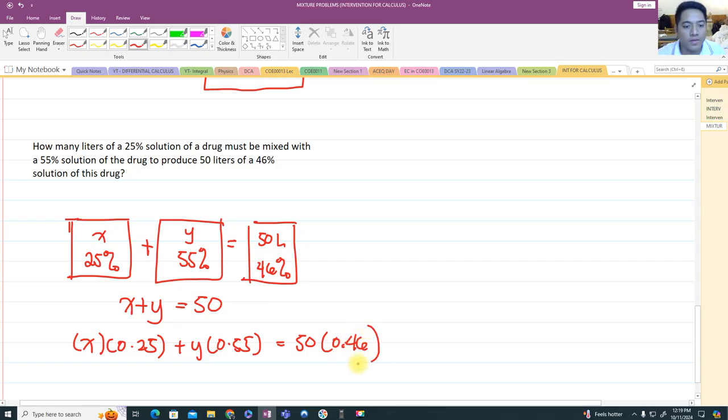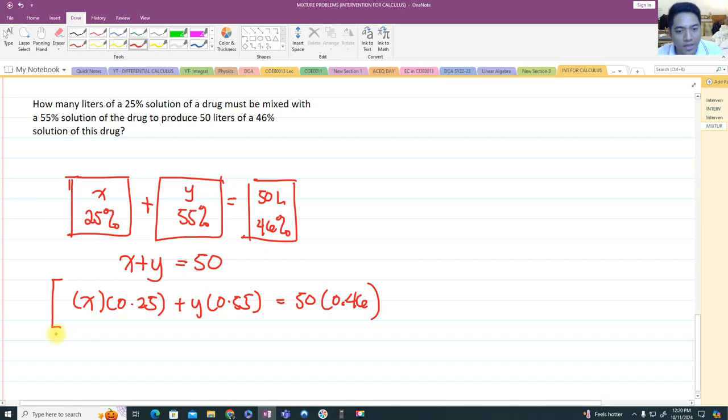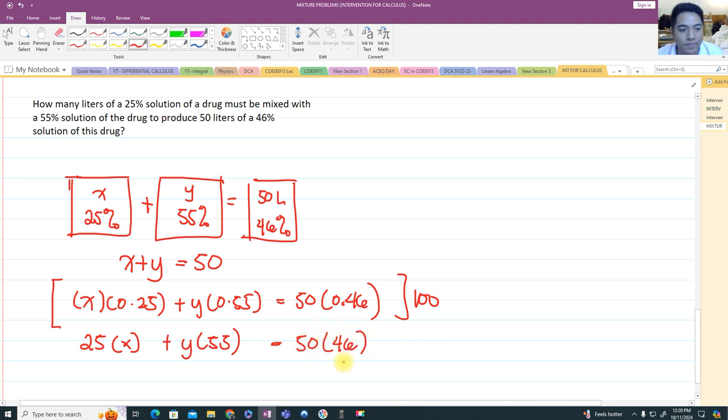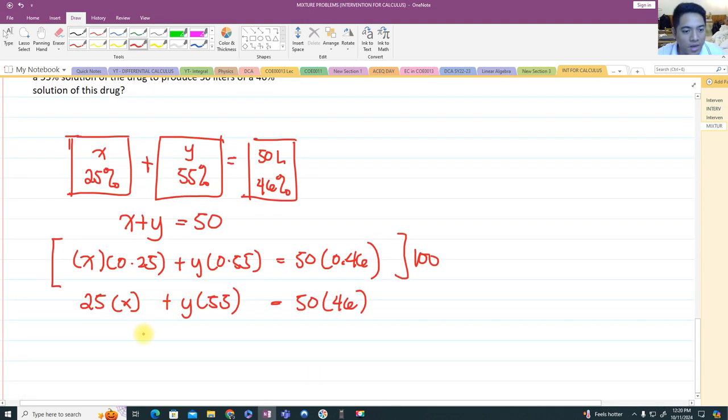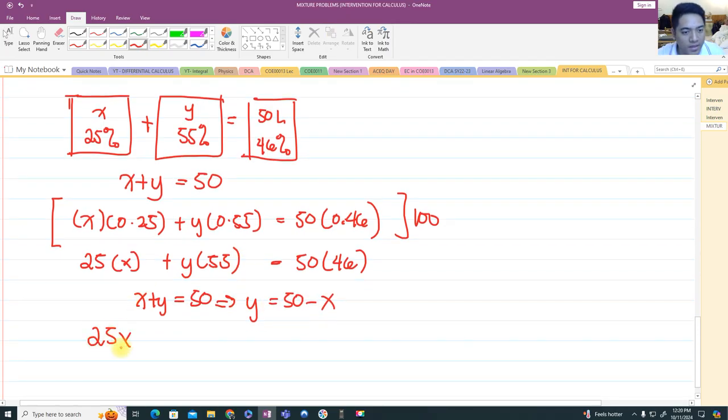Let's multiply by 100 so that it's easier to solve: 25 times x plus y times 55 equals 50 times 46. Substituting y from x plus y equals 50, y equals 50 minus x. So you have 25x plus 50 minus x times 55 equals 50 times 46.